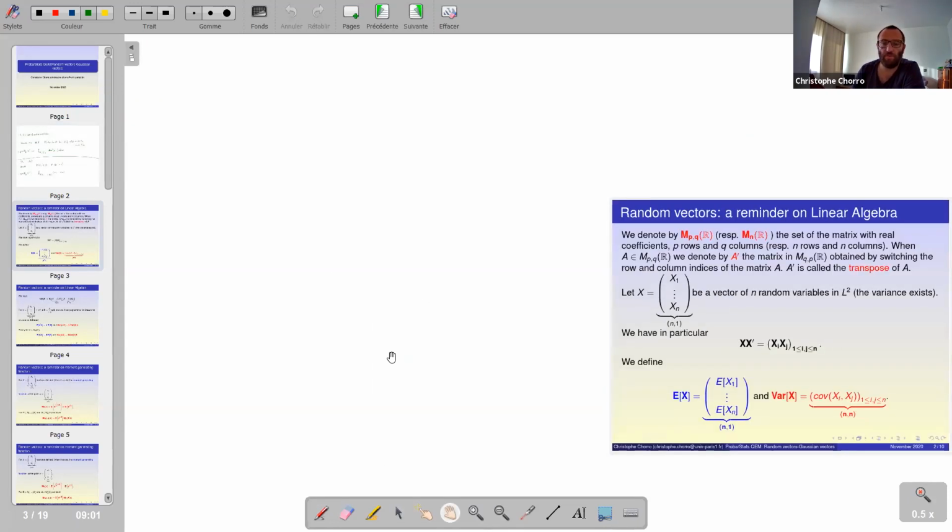I introduced some notation to start with because we are going to do a little bit of linear algebra here.